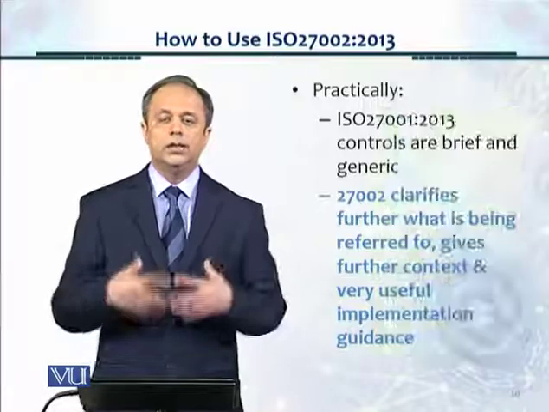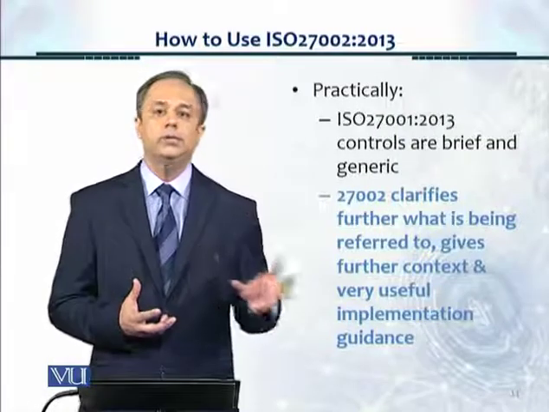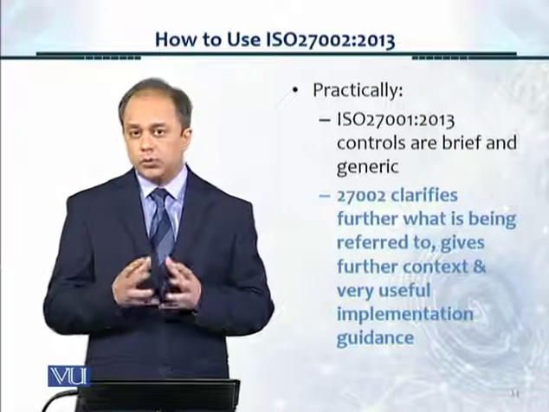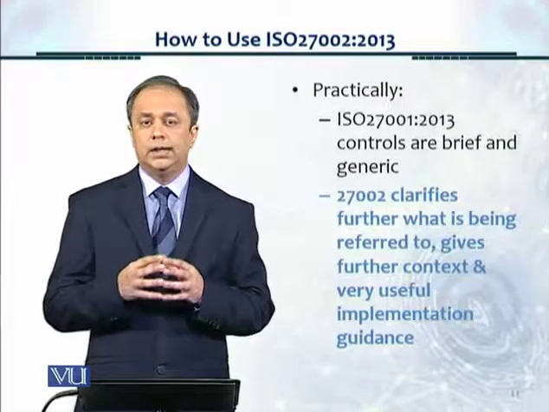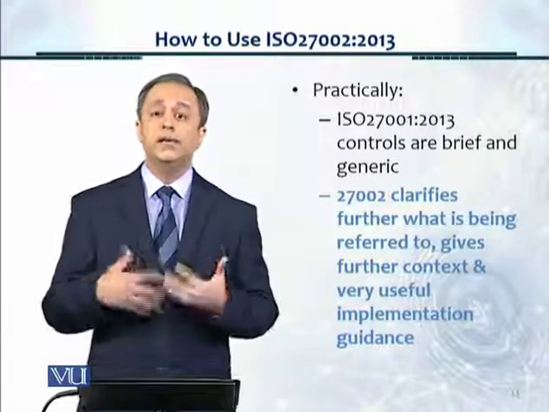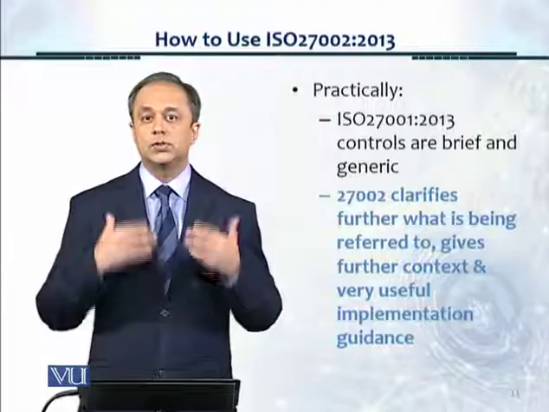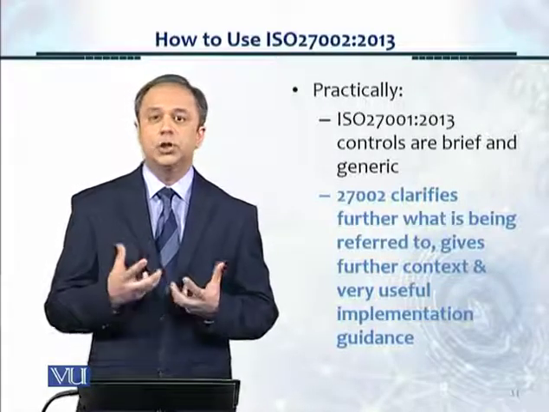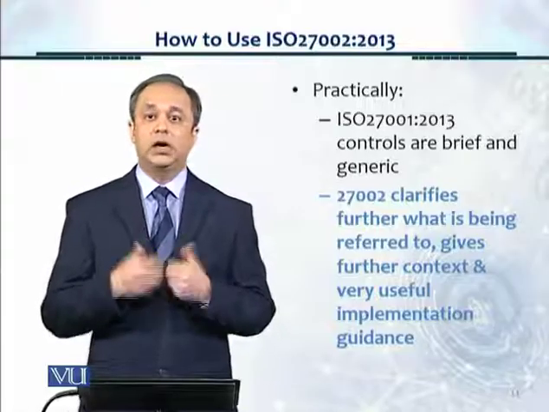So that level of detail is not available in 27001. And in some controls, 27002 is very brief, like we saw for this one that I just read out. But for some of them, it's very detailed. It could go up to 2 or 3 pages of details and guidance and explanation of what that control actually means. How do you implement it?